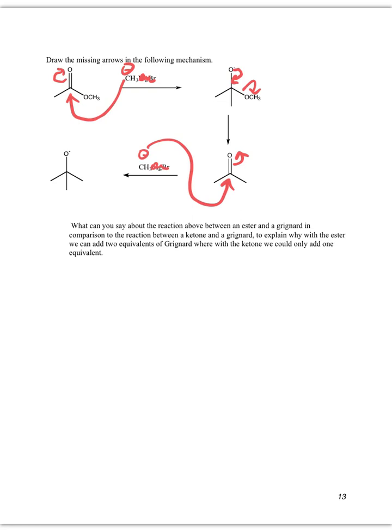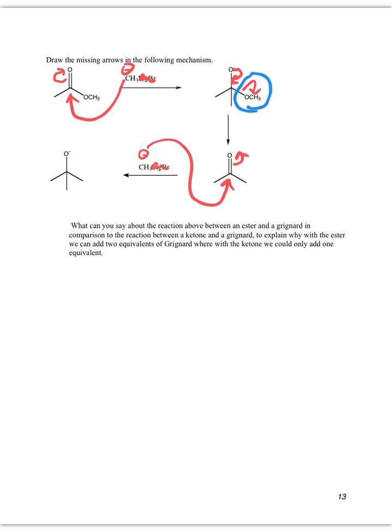So an ester can add a Grignard twice because of this OCH3. That OCH3 is what we have talked about all along as a good what? Think about it for a second. I'll give you a break.